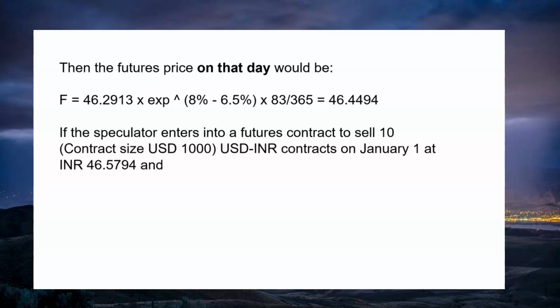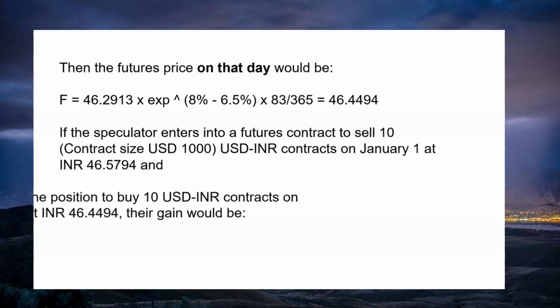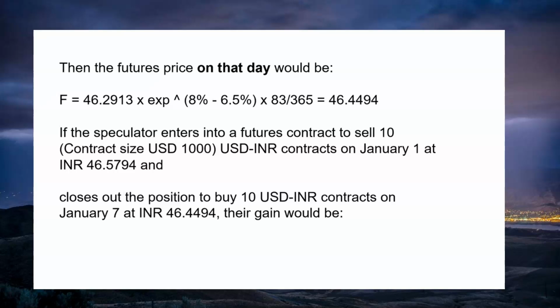If the speculator enters into a futures contract to sell 10 contracts, if the contract size is $1,000 US, on January 1st at 46.5794 and closes out the position to buy 10 USD INR contracts on January 7 at rupees 46.4494, their gain will be as below.